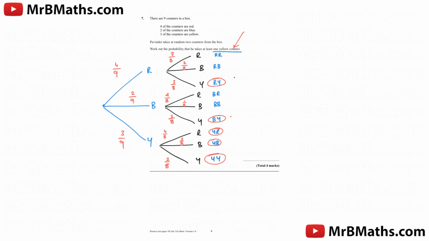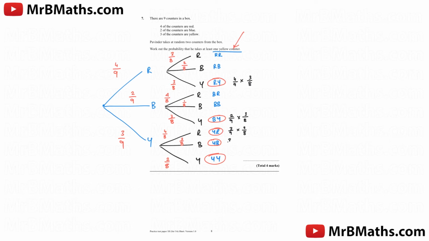Okay, so now just write the fractions for each choice. So red, yellow, so that's going to be 4 over 9 times 3 over 8. This one here is going to be 2 over 9 times 3 over 8. A yellow red is going to be 3 over 9 times 4 over 8.